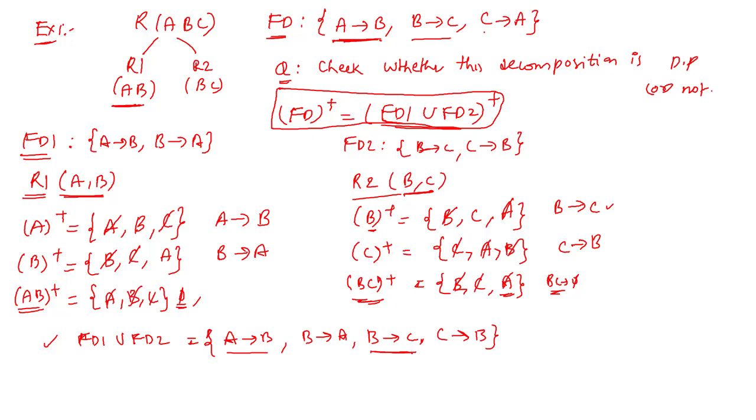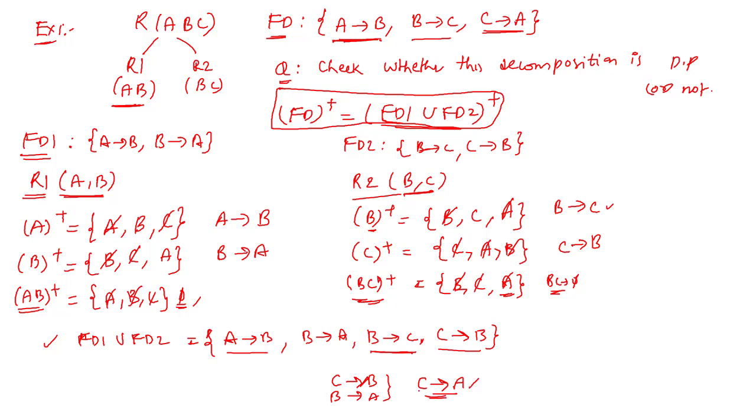And now C implies A, whether C implies A is there. Basically there is no C implies A in this, but there is a functional dependency C implies A indirectly in this relation. For example, I have C implies B here, and B implies A. Based on the transitivity property, C implies B and B implies A can be written as C implies A, right?